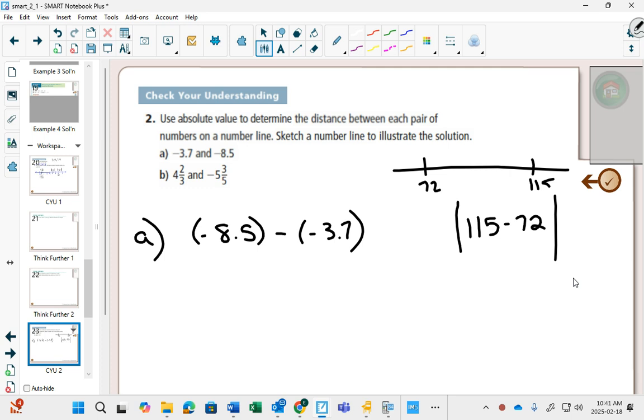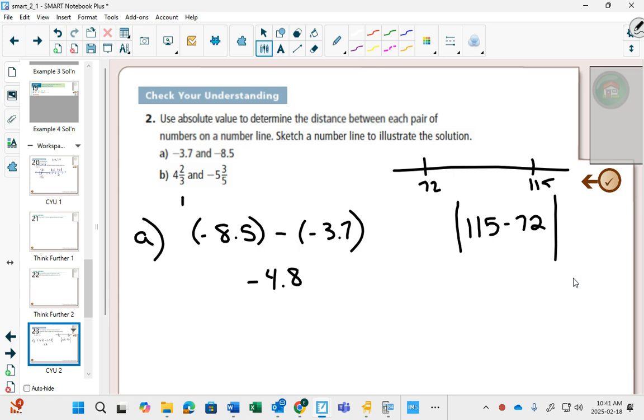If I did it this way, can you see that the answer to this is going to be negative 4.8. But that's not the actual distance between them. The distance between them is 4.8. Whenever we're talking about distance, we want to talk about positives.